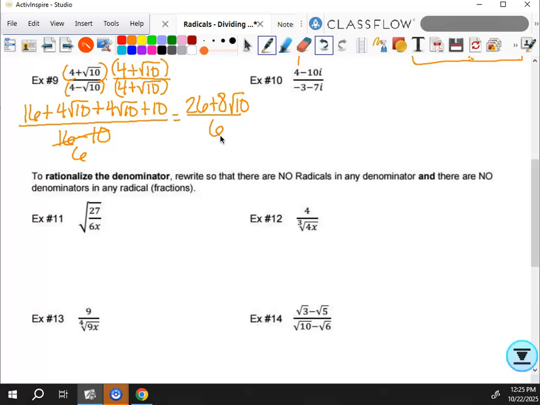Now, can I reduce this fraction? Yes, because all 3 terms are divisible by the same number. What number would that be? 2. So if I divide each one of them by 2, this becomes 13, this becomes 4, this becomes 3. So I will get 13 plus 4 square roots of 10 over 3.